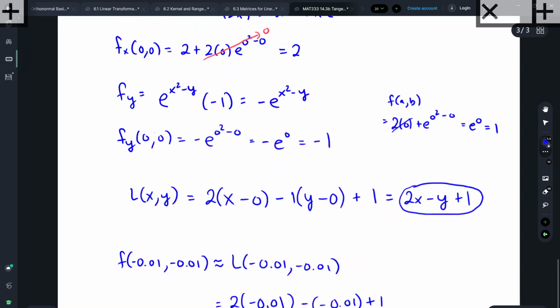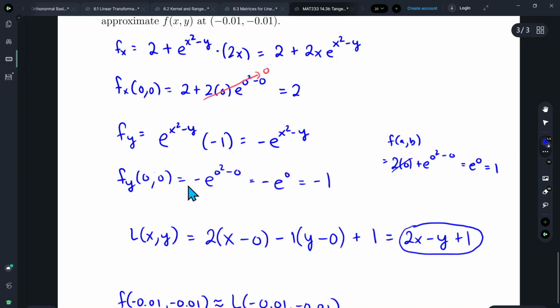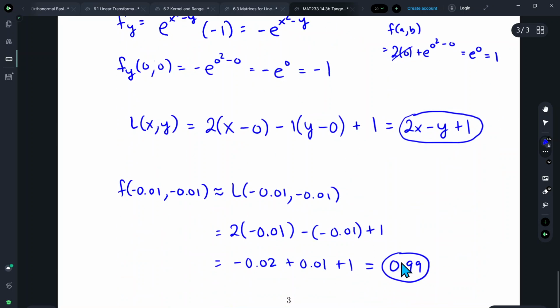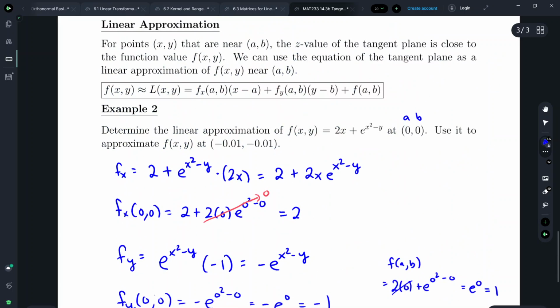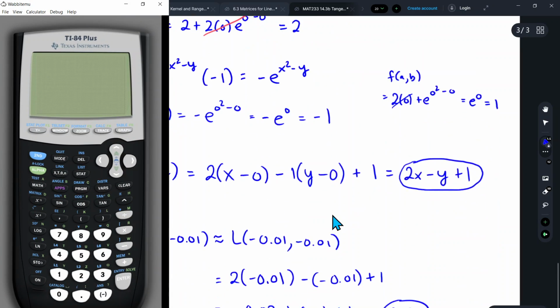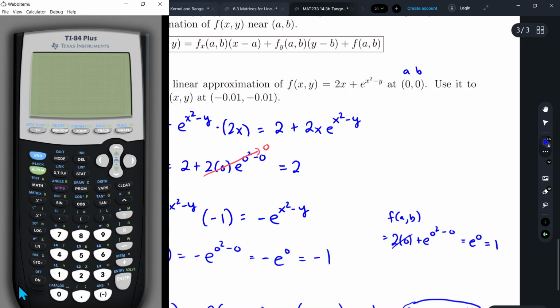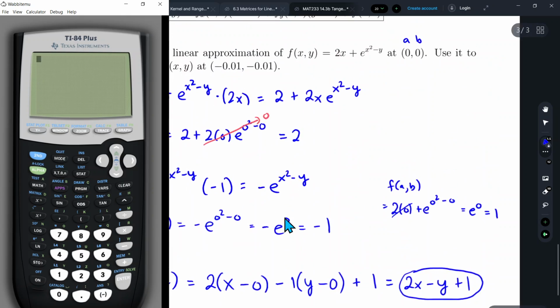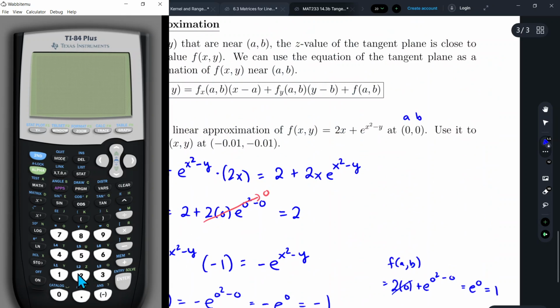I mean, the idea is that the linear approximation is a linear equation, so that these are typically very simple to calculate. But with calculators, I mean, we can just calculate with the original function. So let's just compare the actual value.